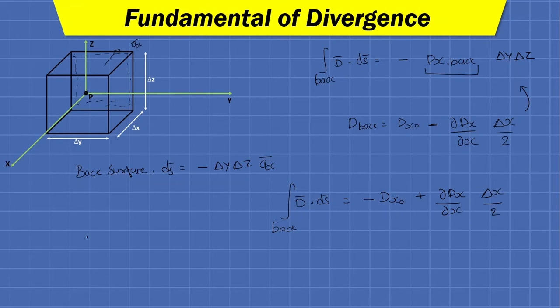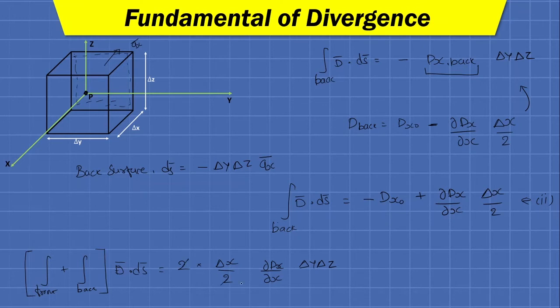And now the front integration and back integration of D bar dot ds bar will be 2 into delta x by 2 del Dx by del x delta y delta z.